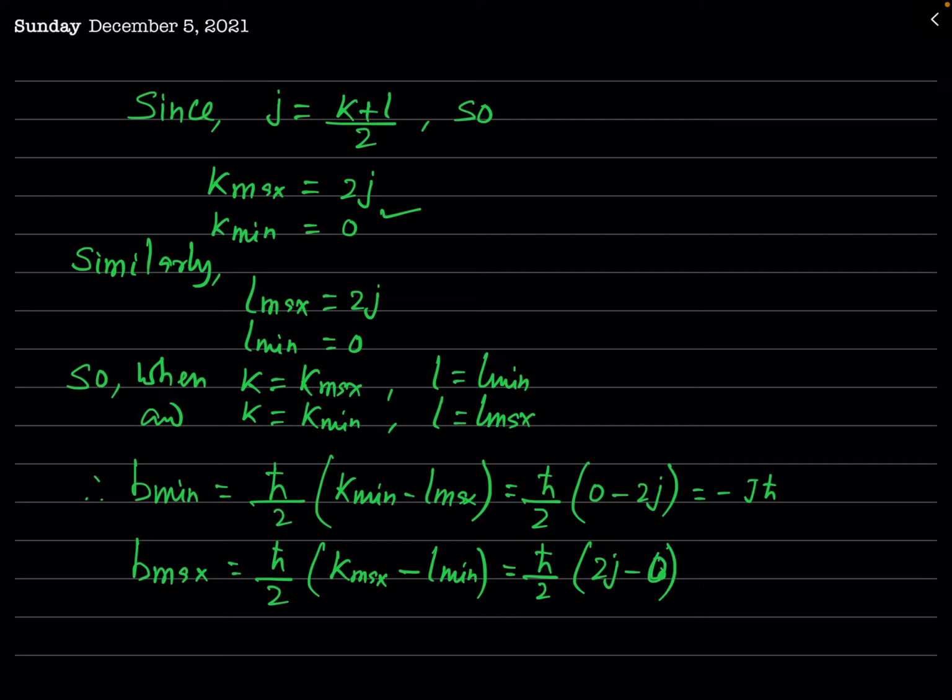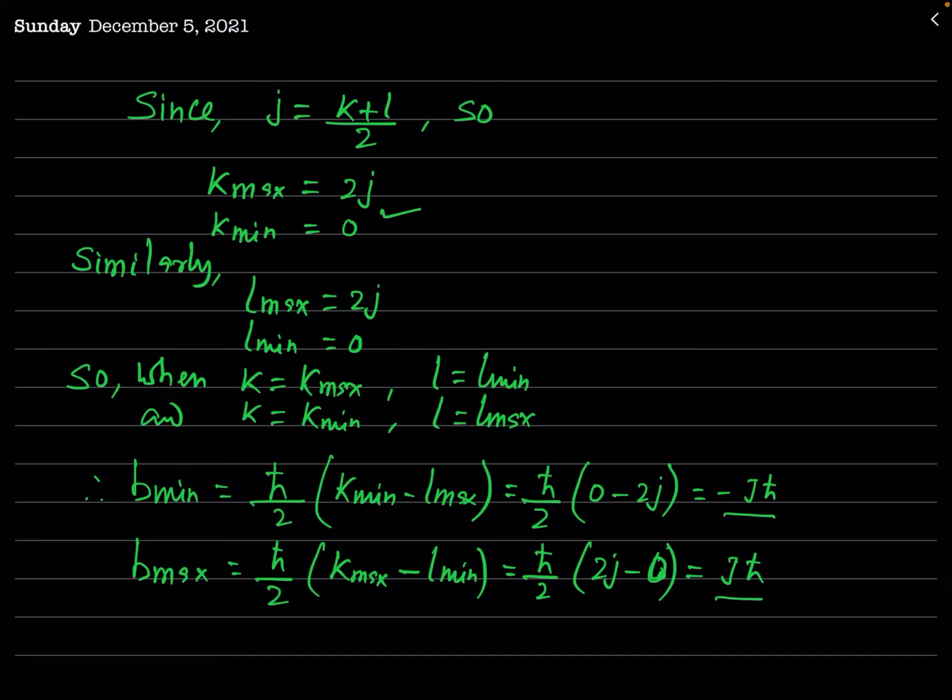So this will be jh bar. So you can see the value of B, which is the eigenvalue of operator jz, lies between minus jh bar and plus jh bar.